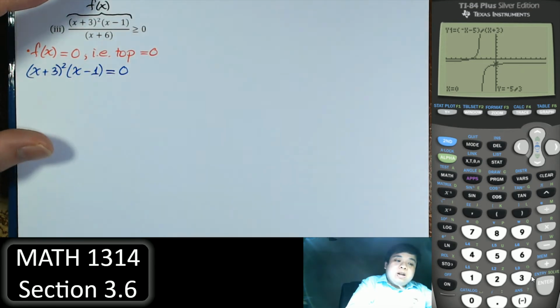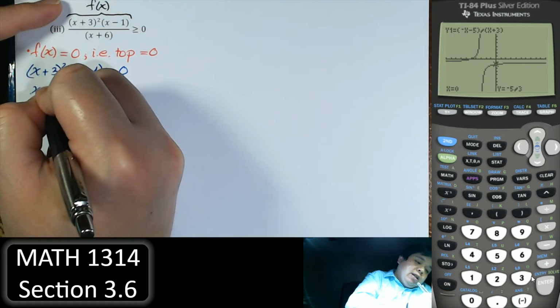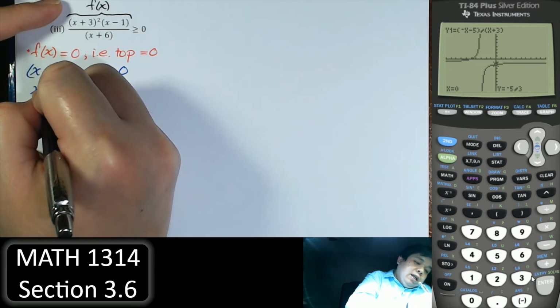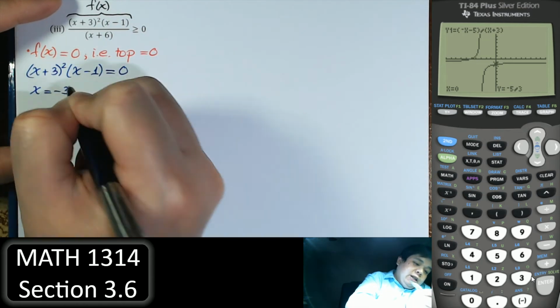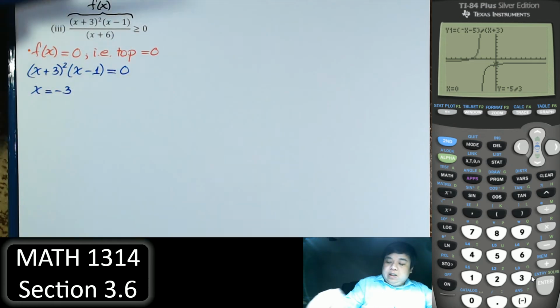So top equal to 0, and here we have x equal to -3, multiplicity of 2.